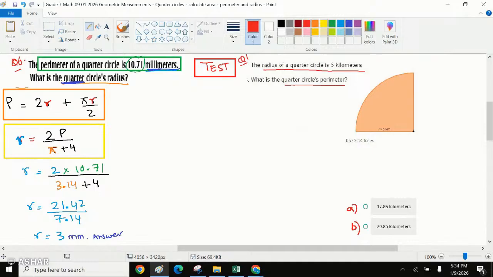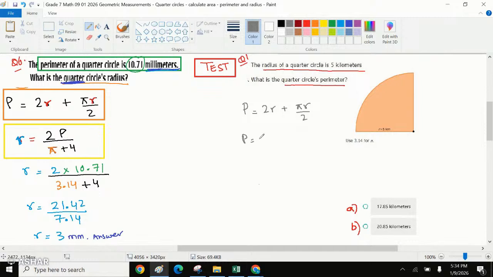If the radius is given to us, can I have the answer? Thank you. We know that perimeter is twice the radius plus the part of the circumference, right?